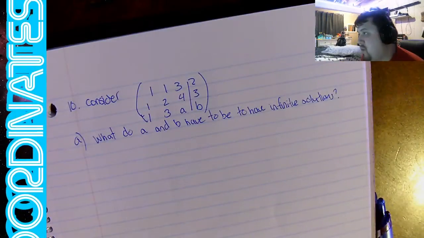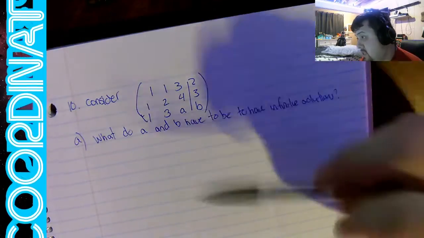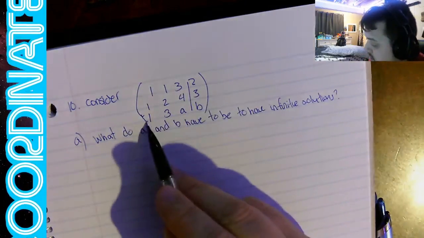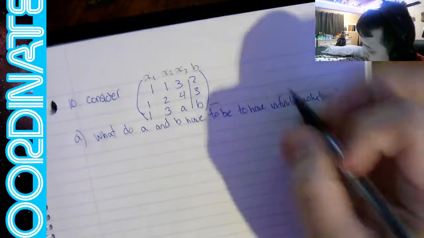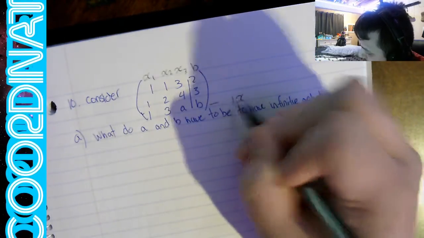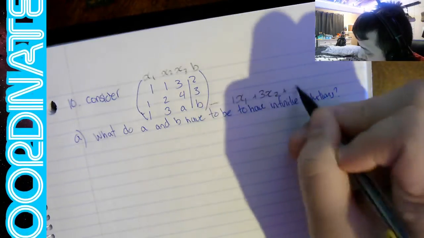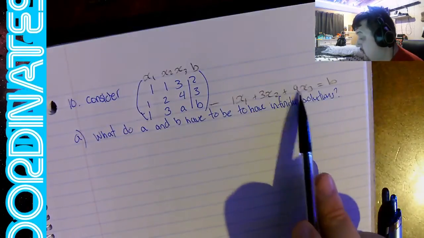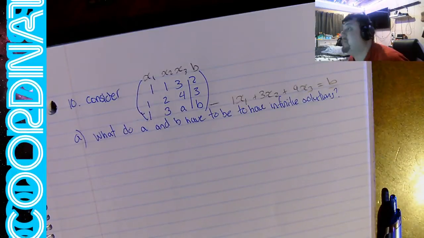Well, what that's saying is that if B is just a solution, then A is a coefficient of x3, because what this line is saying is, essentially, we make this x1, x2, x3, and B. What we have is 1x1 plus 3x2 plus ax3 equaling B. And they want to know what this coefficient is and this solution is, so that it has an infinite amount of solutions.